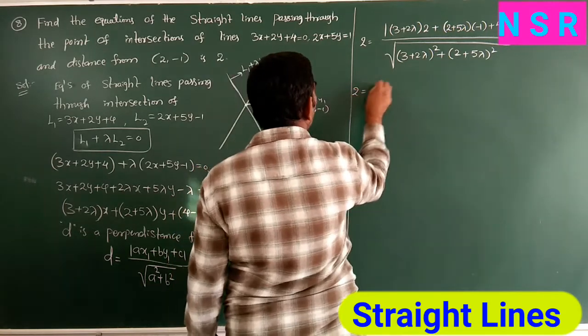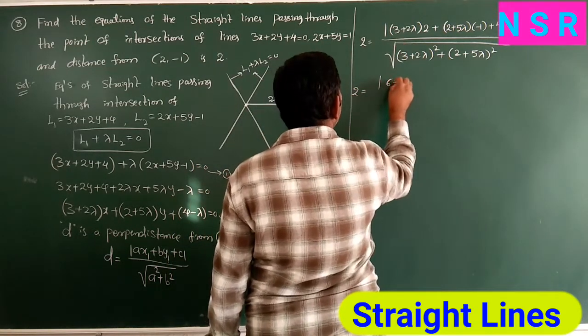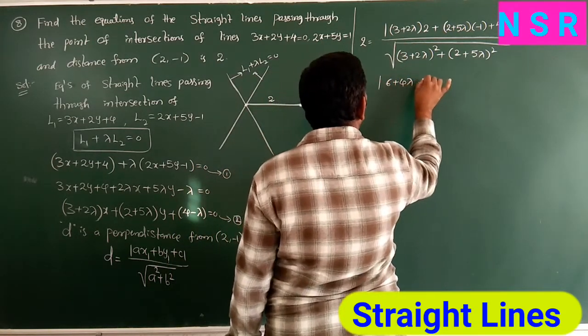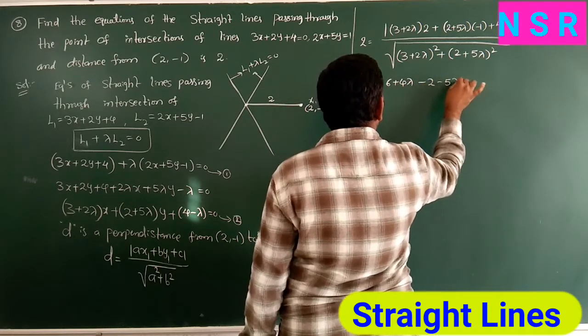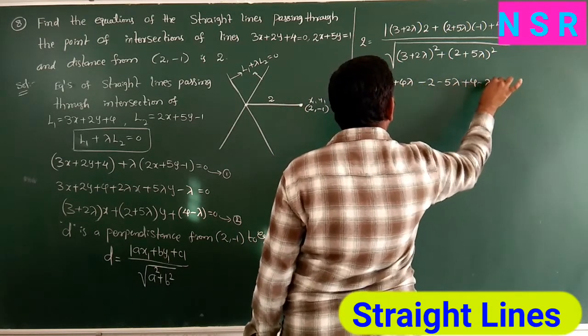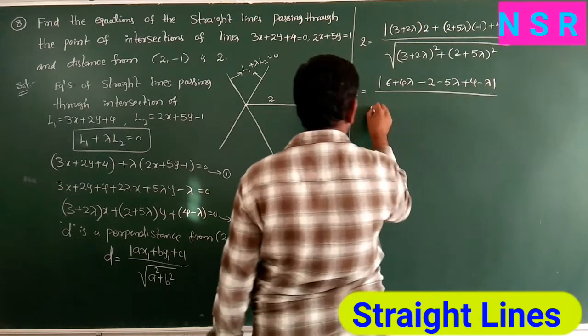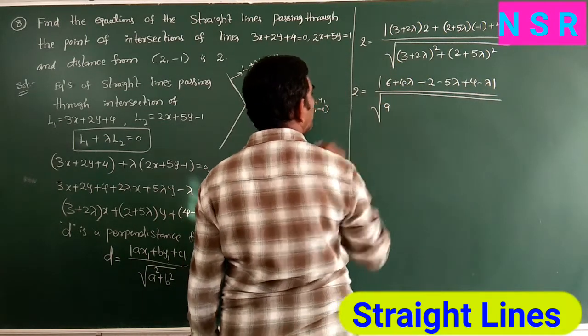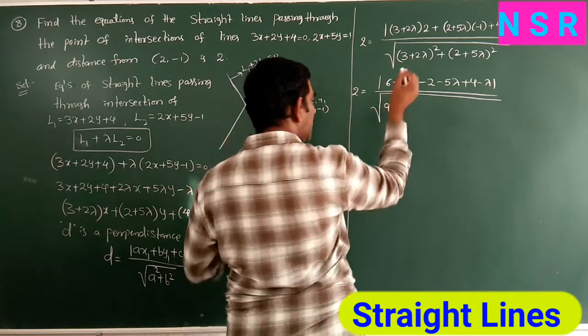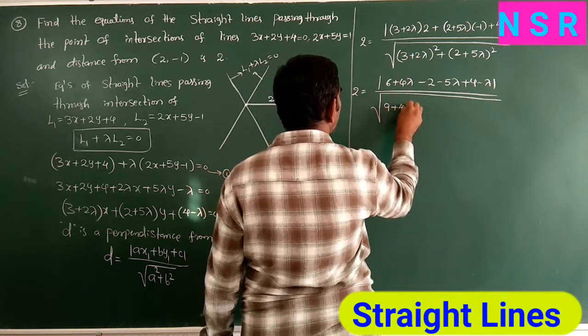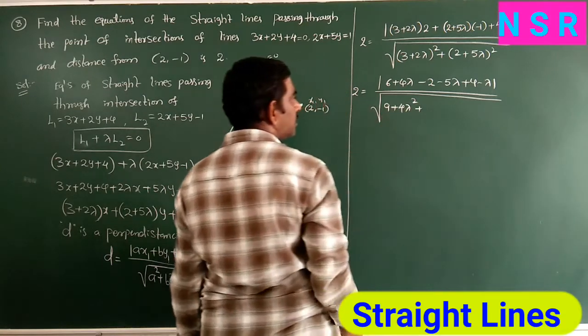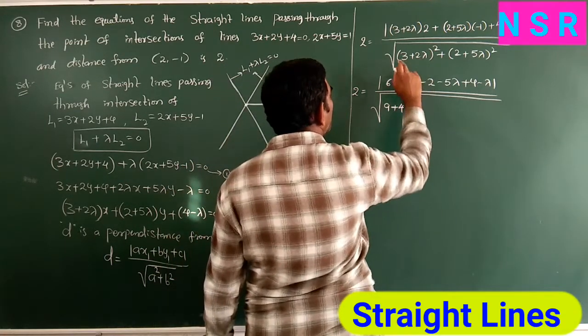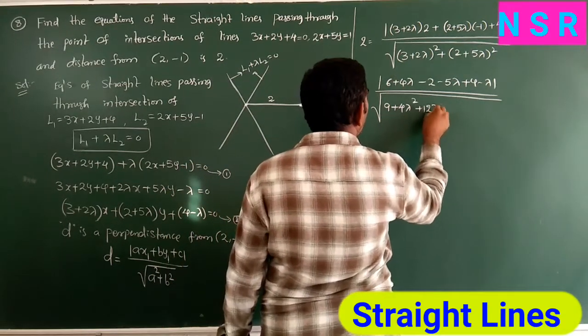Now 2 is equal to 2 3s are 6, 2 2s are 4 lambda, next minus 2 minus 5 lambda, 4 minus lambda, by square root of (a plus b) whole square. So a square, 3 square is 9, next b square, (2 plus lambda) square is 4 lambda square plus 2ab, 2 2s are 4, 4 3s are 12 lambda.